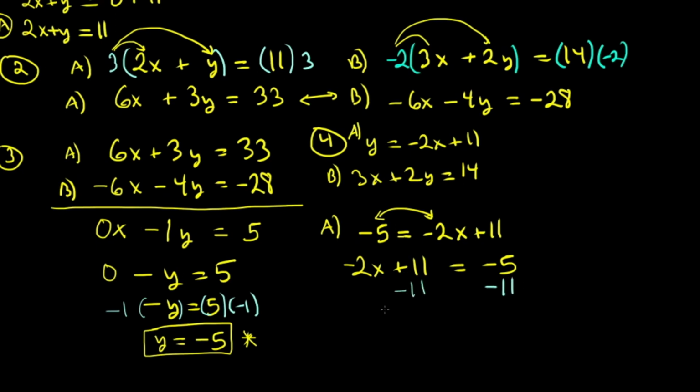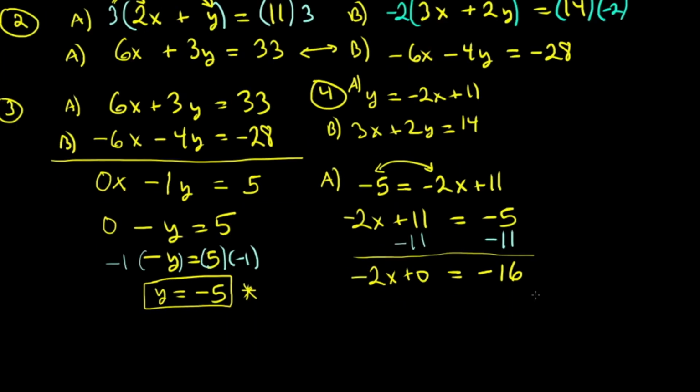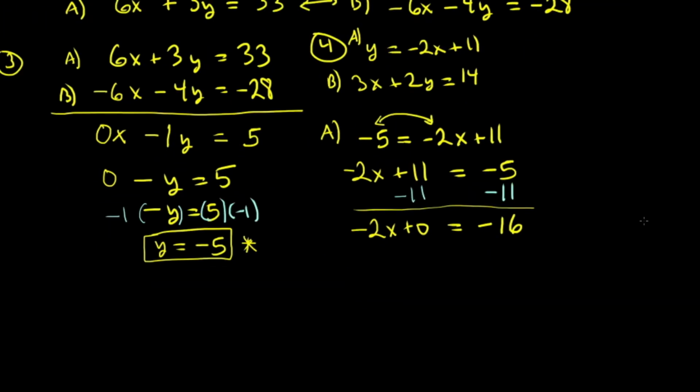And if we subtract 11 from both sides, on the left side we're left with negative 2x, right, plus 0. And that's going to equal negative 5 plus negative 11, which is negative 16, right? So yep, you're adding negative 11 to both sides. You're subtracting 11 from both sides, right? So the plus 0 doesn't matter, right? This is just negative 2x equals negative 16.